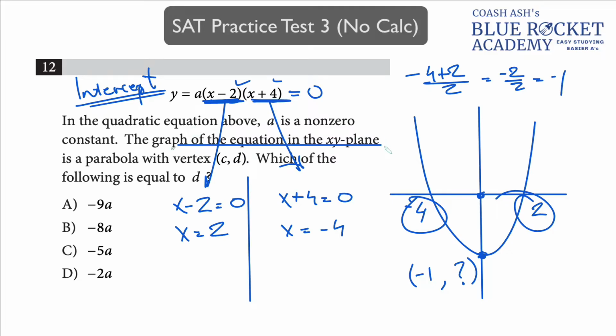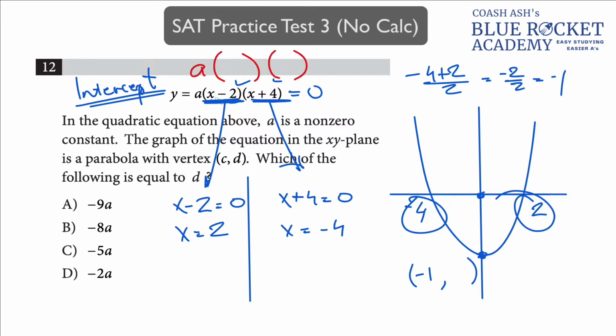The graph of the equation is a parabola with the vertex (c, d), and what is the value of d, which means what is the value of the y-intercept? So you found the x-intercept, super easy to do. Now you simply want to replace it inside here. So how do you replace it? You just write down y is equal to a times, and just plug it in.